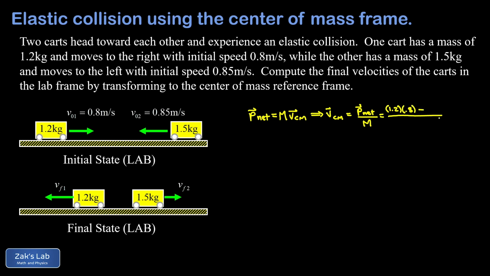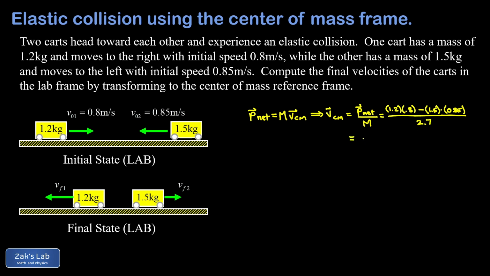Then we have a 1.5 kilogram cart moving in the negative direction, so I just move the minus sign out in front there, and I have 1.5 kilograms times its velocity of 0.85 meters per second. Then we divide by the total mass of all the different objects under consideration here. So that's 1.2 kilograms plus another 1.5, giving me 2.7 kilograms.